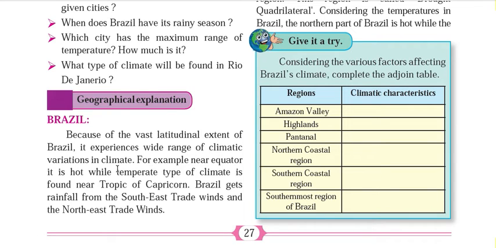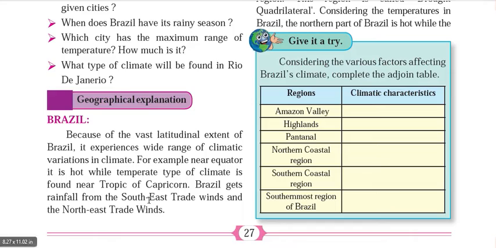So as I have mentioned in the previous map, because of equator, in the northern part of Brazil you will find the hot and humid climate, and in the southern part below the Tropic of Capricorn, you will find the temperate climate.